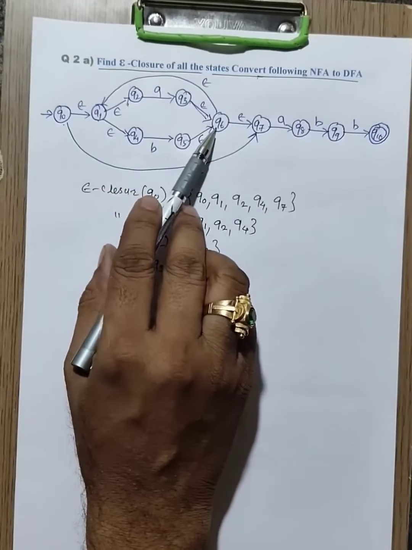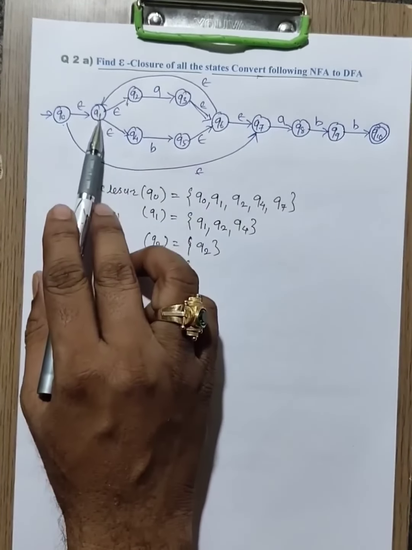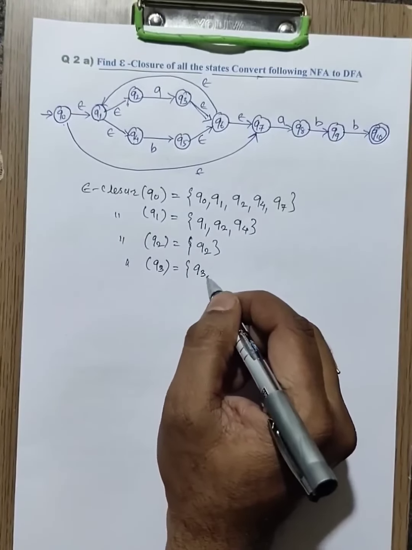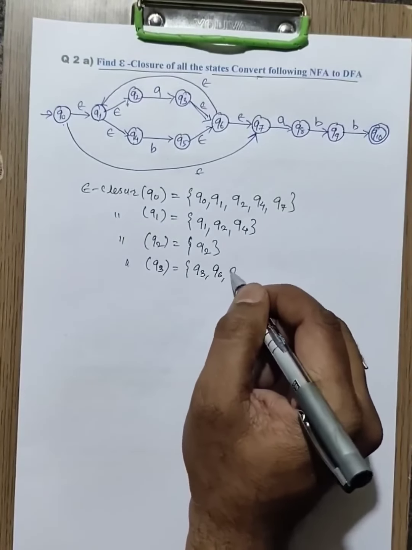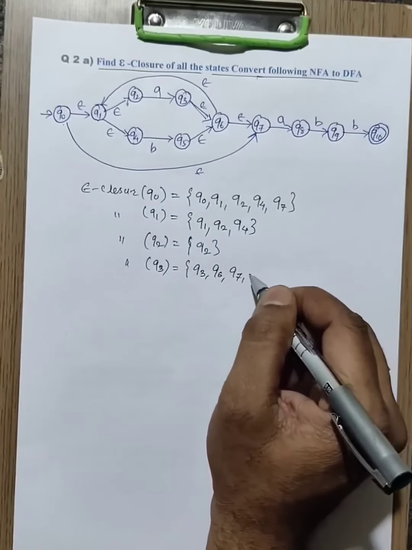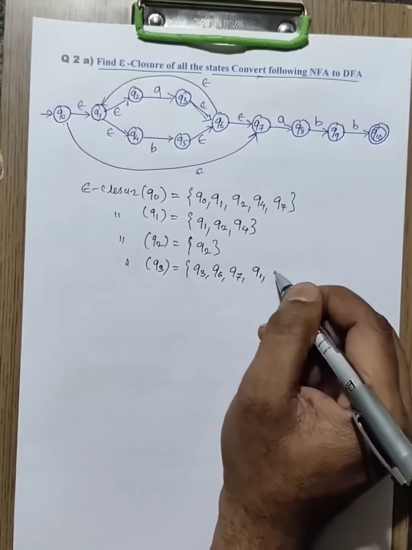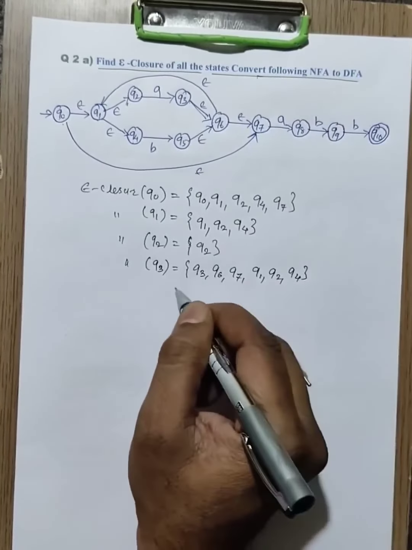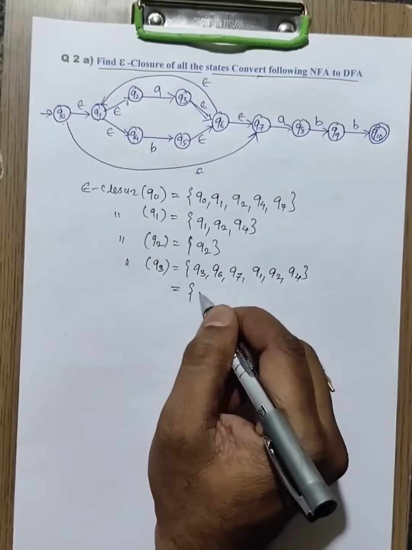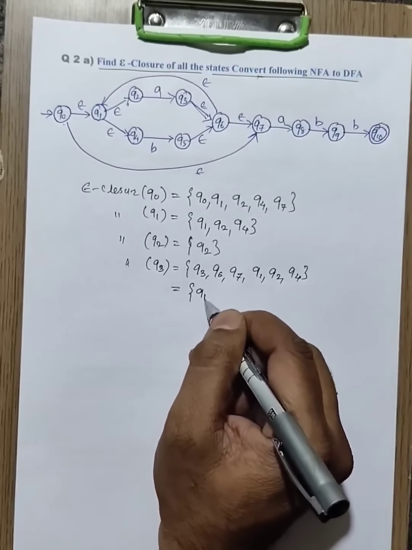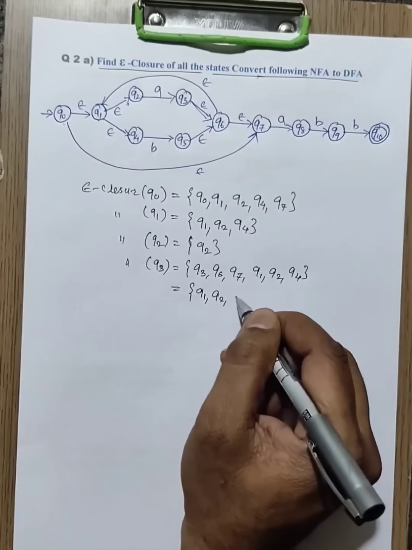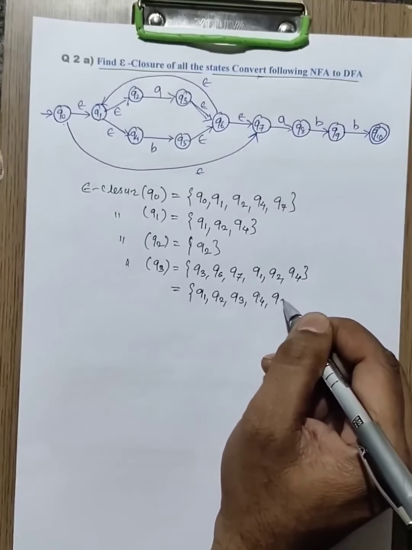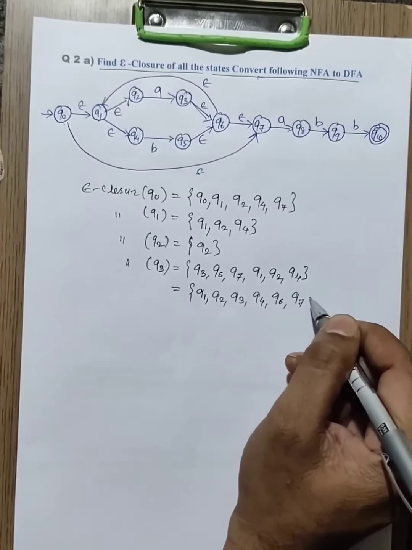Epsilon closure of Q3: Q3, Q6, Q7, then Q1, Q2, Q4. Writing in ascending order: Q1, Q2, Q3, Q4, Q6, Q7.